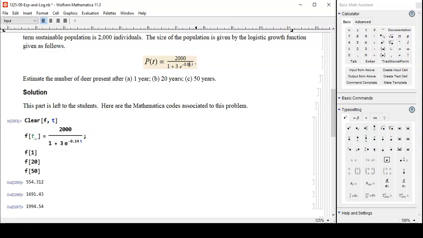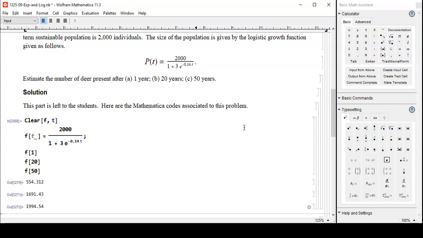So let me change this to 0.14. And then, 1 year later, 554, 20 years later, 1,691. And then 50 years later, very close to equilibrium, so pretty much it's stabilized already. And this makes a little more sense.